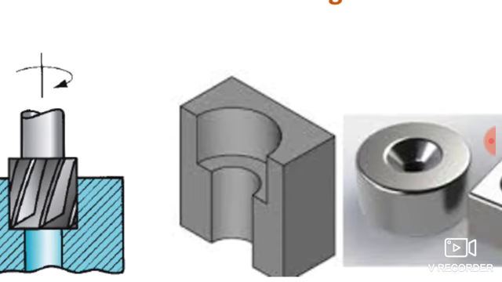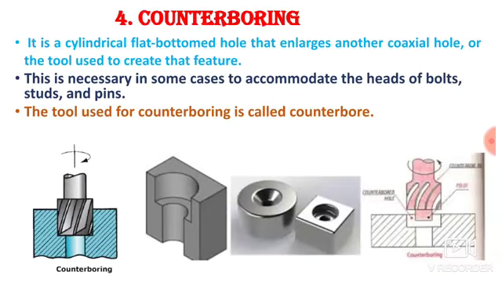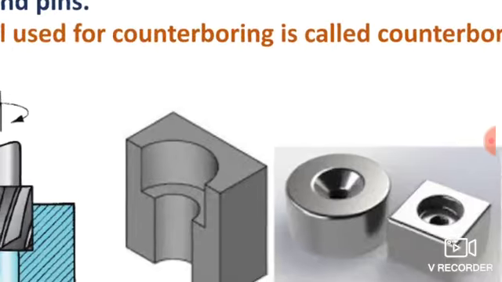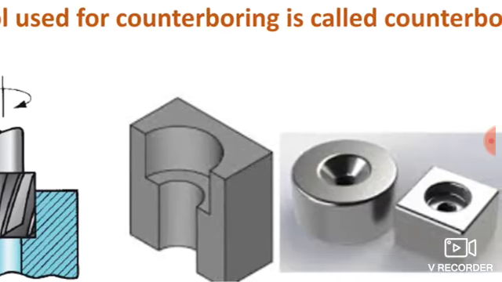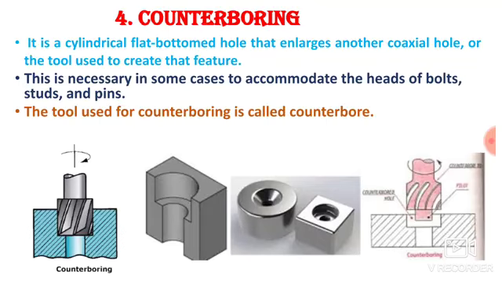And why is it performed? Because we have to machine a space. That space is used to accommodate the heads of the bolt, stud and pin. So here you can place a nut and bolt easily, and for that purpose counter boring is done.